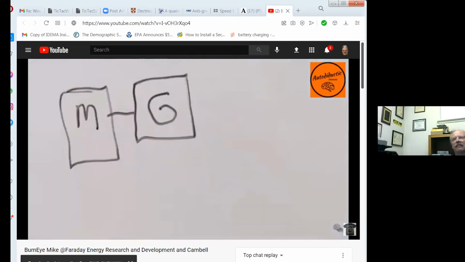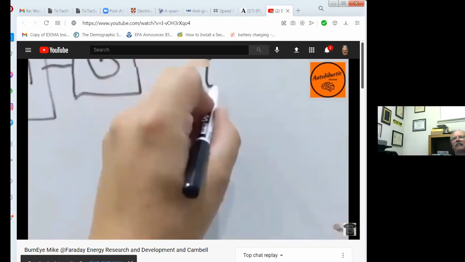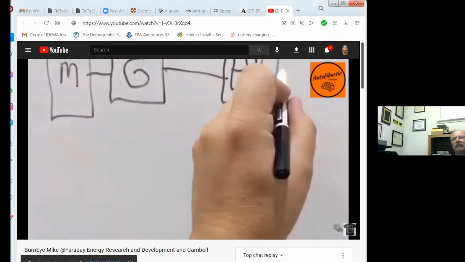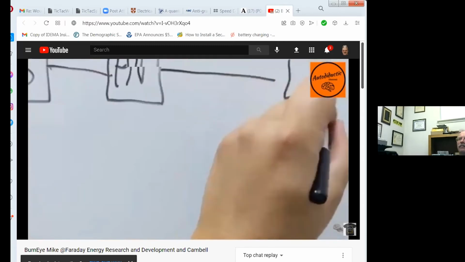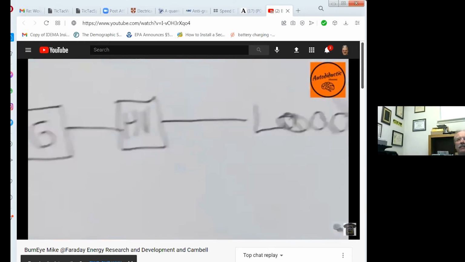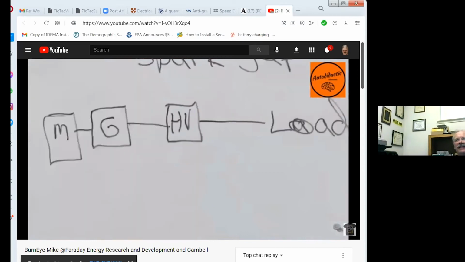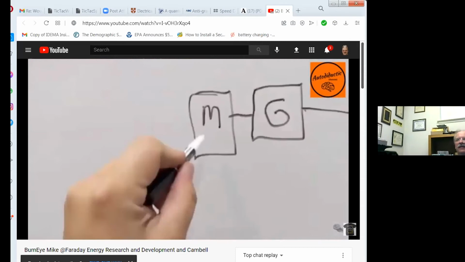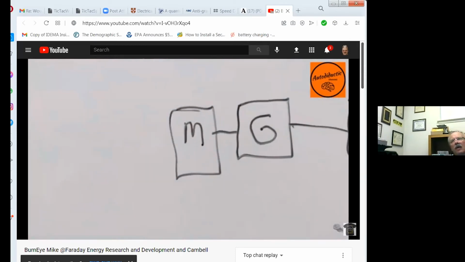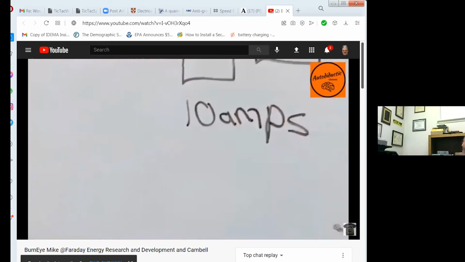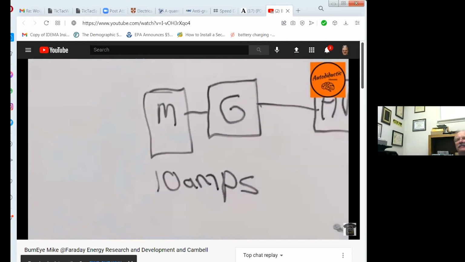The motor in the generator goes to high voltage, and then the high voltage transformer goes to the... When he's got it set up in this configuration, this motor here is wound down so heavy that it starts drawing enough energy. That's a lot of stress on the motor.